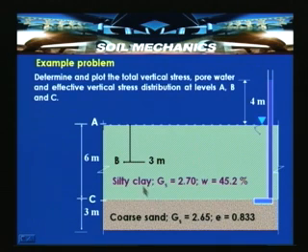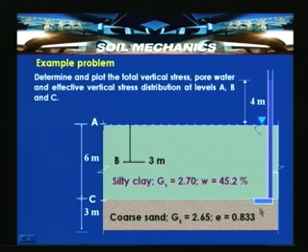The upper layer is silty clay having specific gravity of solids as 2.7 and natural water content as 45.2%. And the coarse sand which is lying below this silty clay is under artesian conditions. So, the head of the water above the natural groundwater table is 4 meters.